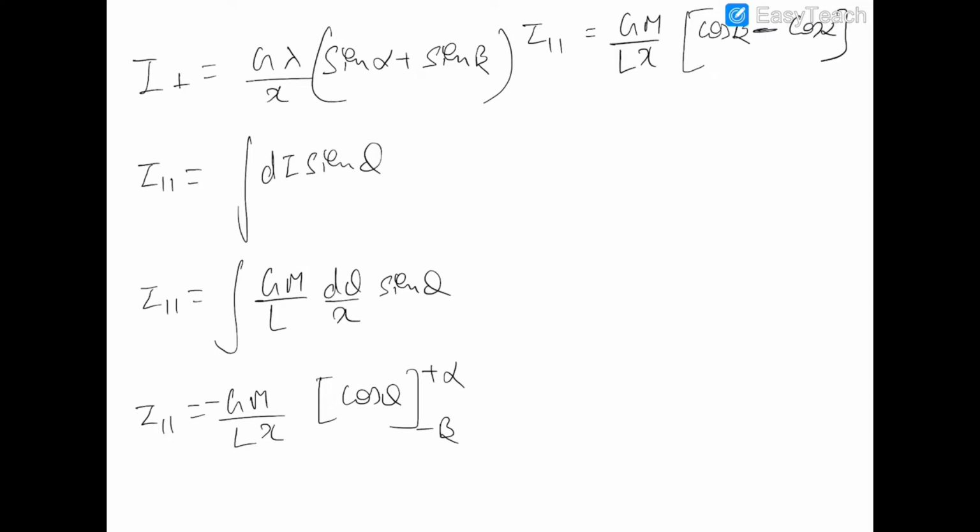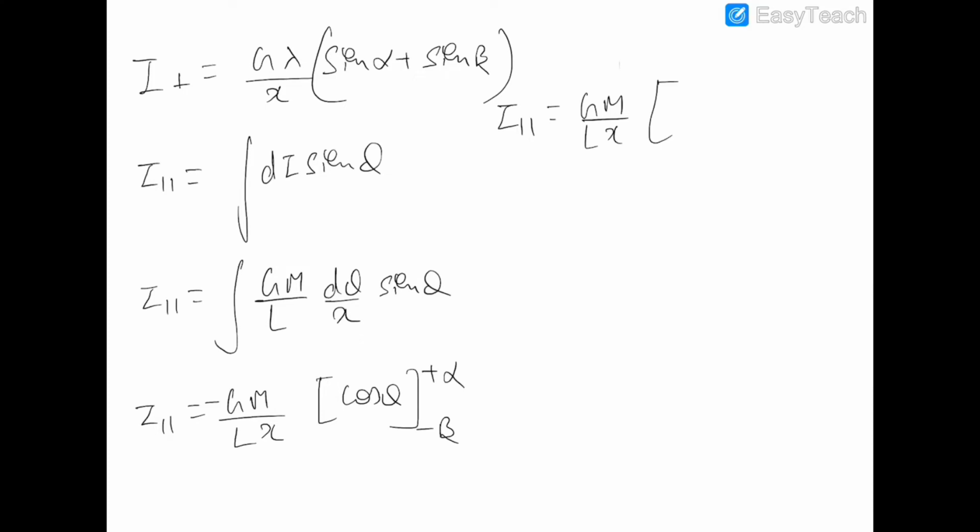So I parallel would be GM by Lx, and by utilizing this negative sign, I'll write the limit as cos of minus beta as upper limit, and then cos of alpha as lower limit.